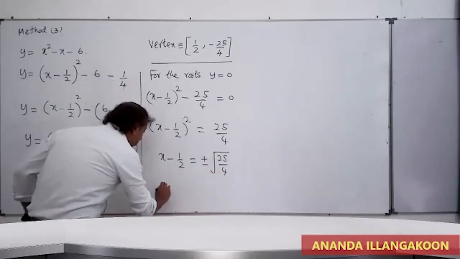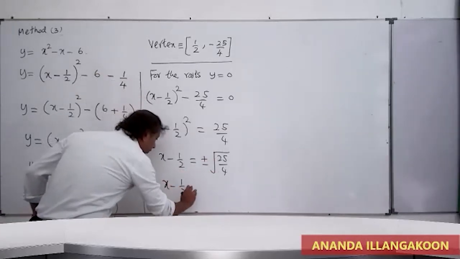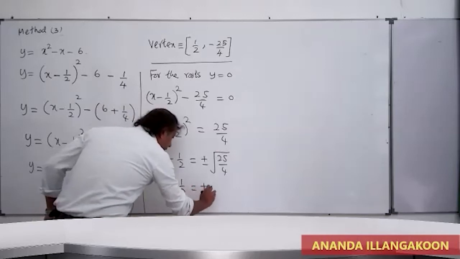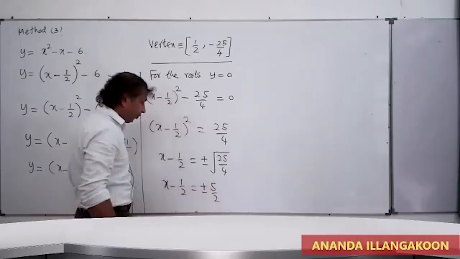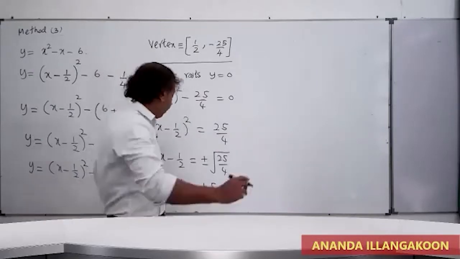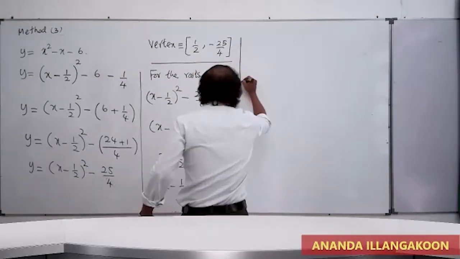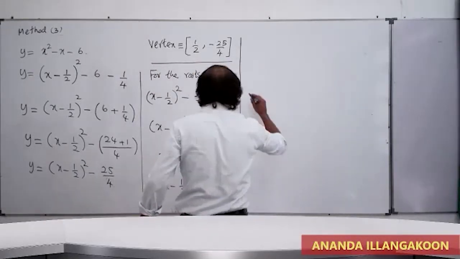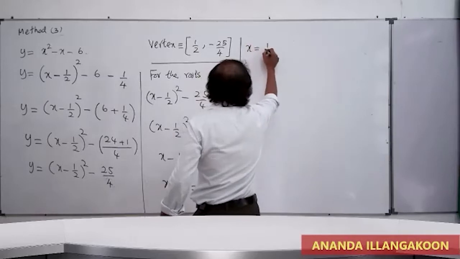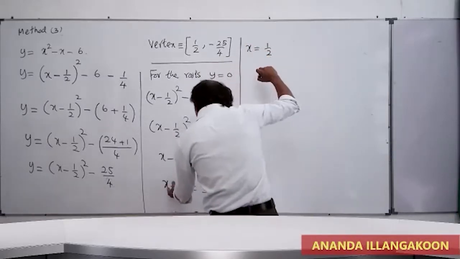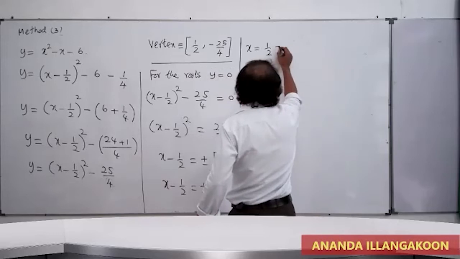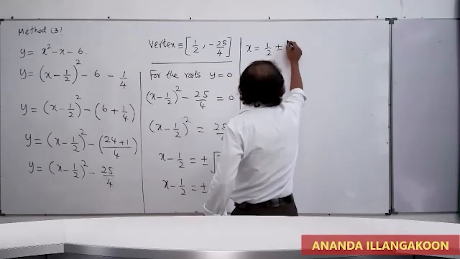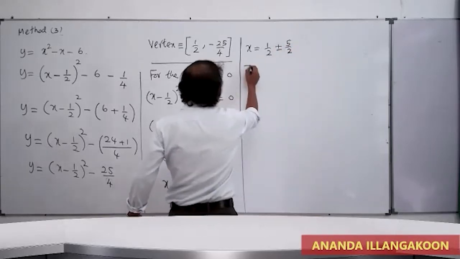Then we get x minus half equals plus or minus 5 by 2. Take this minus half to the right hand side. x equals plus half plus or minus 5 by 2. Now take the plus sign.